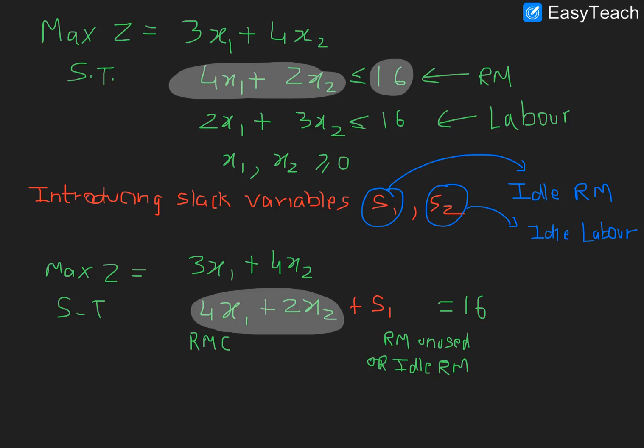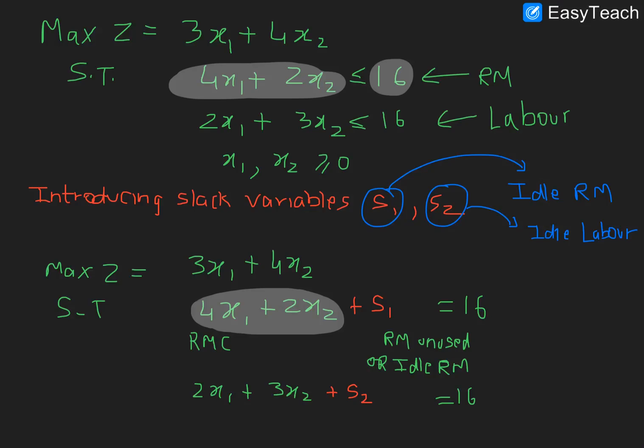Now going by the same idea, we can even apply it to the labor constraint. The labor constraint: 2x1 plus 3x2 plus S2, and we know this S2 is simply the idle labor, and that should be equal to 16, because the total availability of labor is 16.